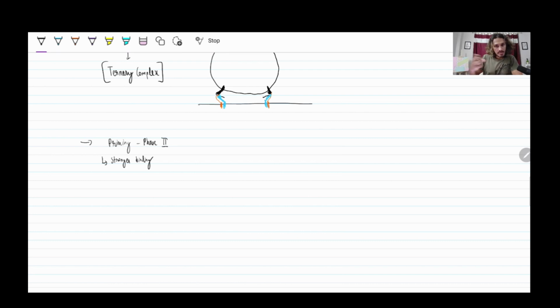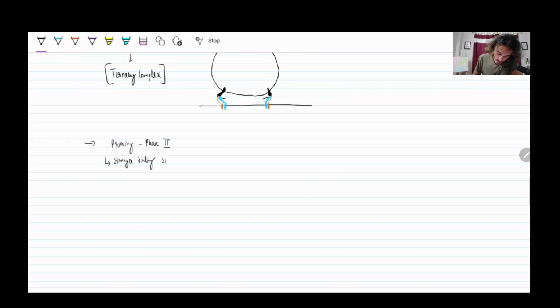Further stronger binding happens of the SNAP proteins, and another cytosolic protein called complexin is going to come, which will attach itself to the snare complex.